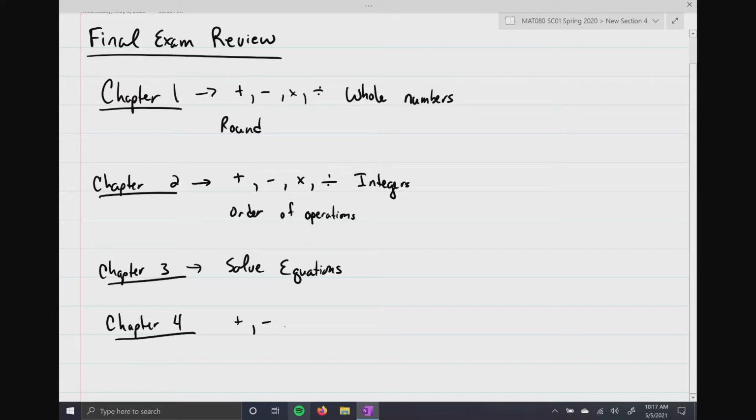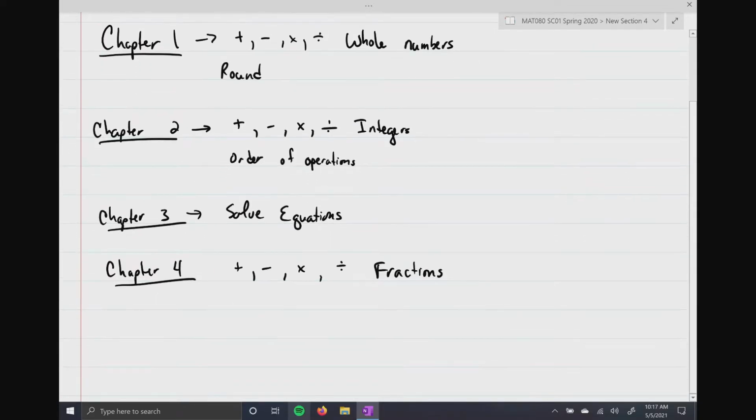Add, subtract, multiply, and divide with fractions. And everything that we see in chapters 1, 2, and 3, we did in chapter 4. So we rounded, we did order of operations, we solved equations. Most important part here would be adding, subtracting, multiplying, dividing, and solving. Remember those steps.